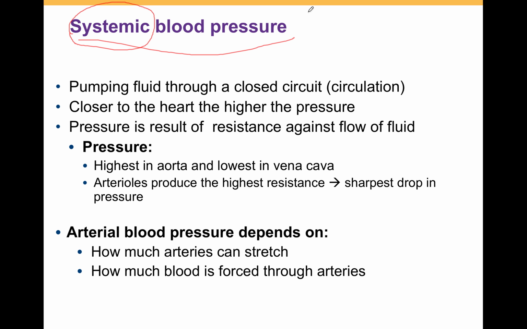So systemic blood starts with aorta on the left side of the heart and ends with vena cavas, superior and inferior vena cava, and return back to the right side of the heart. You don't really need to be focusing much on it, but since the word is introduced here, I do want you guys to have a clear understanding of what is systemic blood pressure.